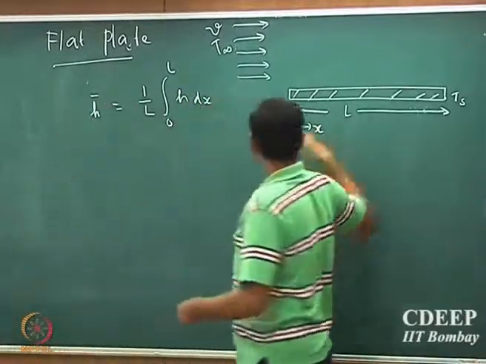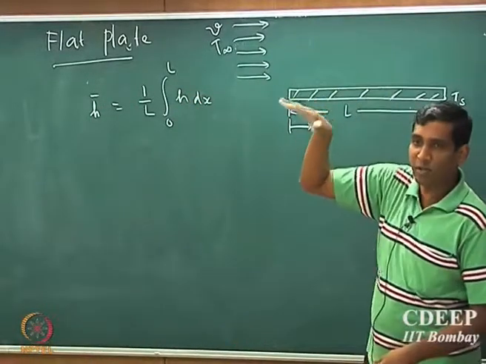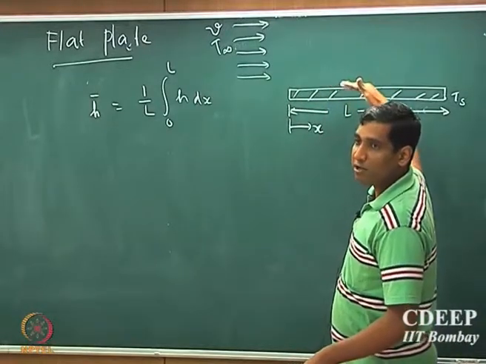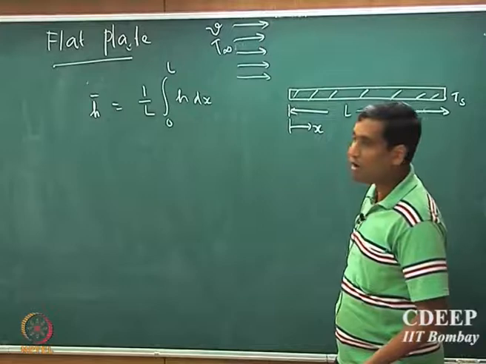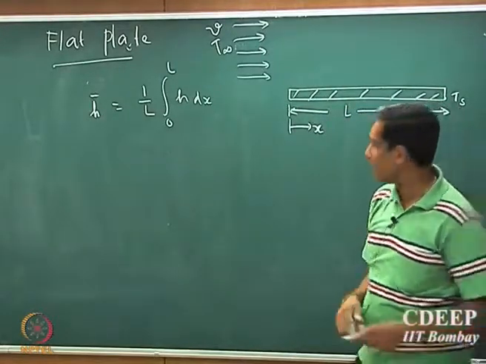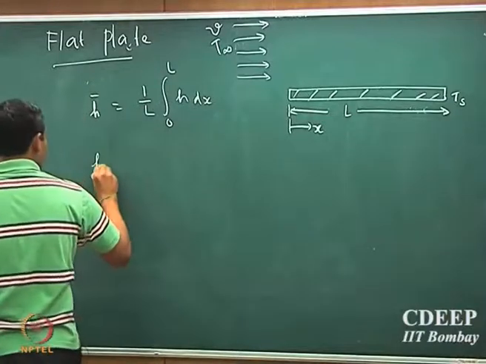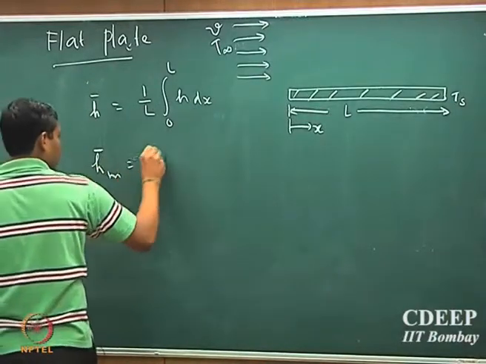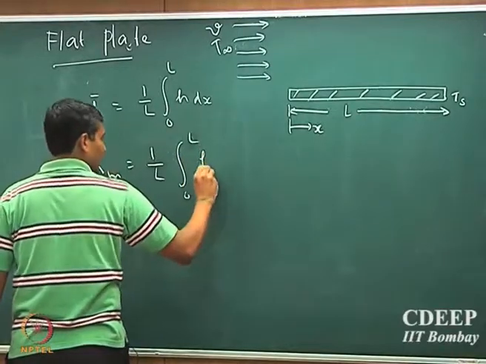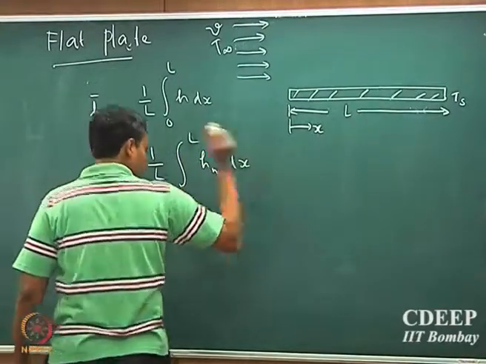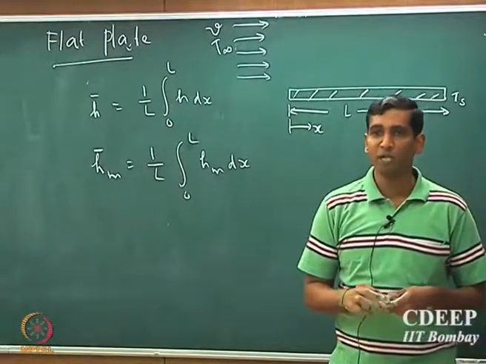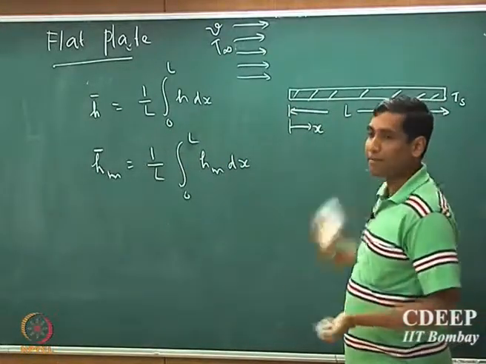I assume that it's a uniform cross section, uniform length in the other direction, so the other plane is infinitely long, and the heat transport coefficient is essentially averaged over the length. Similarly, one can write a mass transport coefficient, which will be 1 by L integral from 0 to L of Hm times dx. So that's the average heat transport and average mass transport for flow past a flat plate.